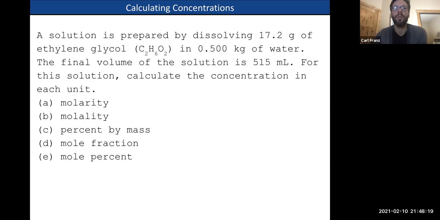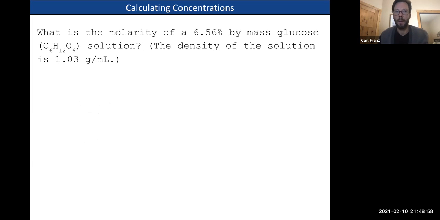You're given certain masses and certain molecules, so you look up their molecular weights, and based on the amounts that you're given, you can determine the molarity, the molality, the mole fraction, and so on. And with water, mLs are directly translated to grams, but if the solvent doesn't have a density of 1.00 grams per mL, you'll be given that density, and you can then convert the mLs to grams using that density. Okay.